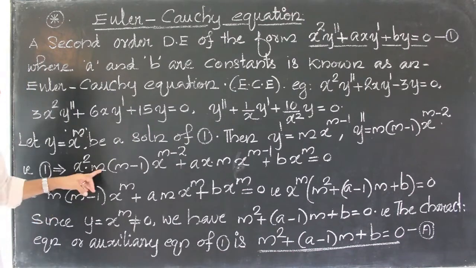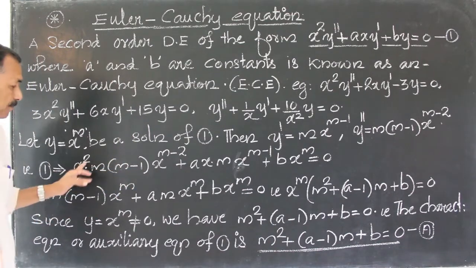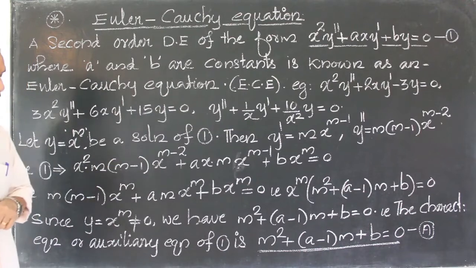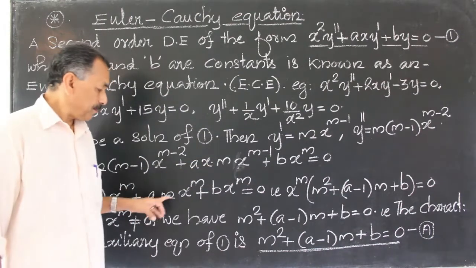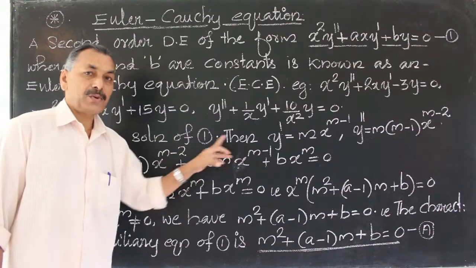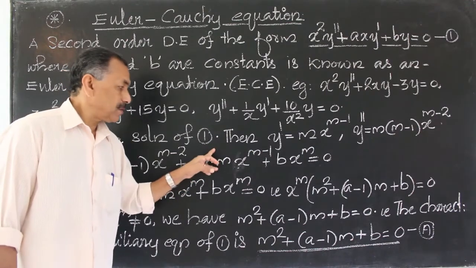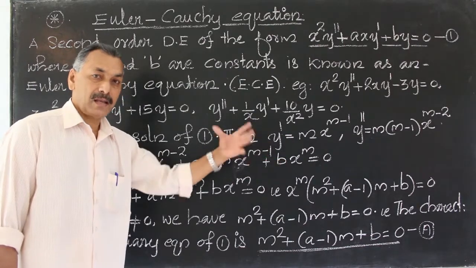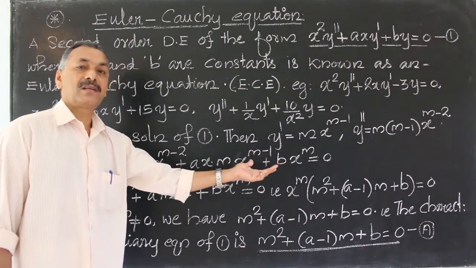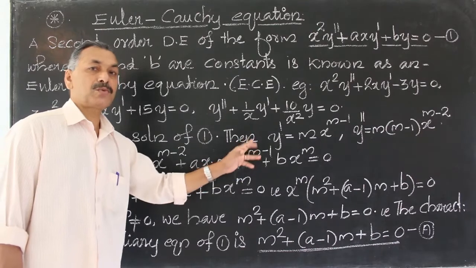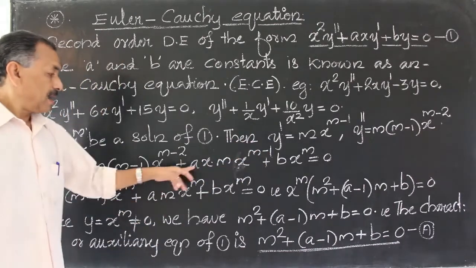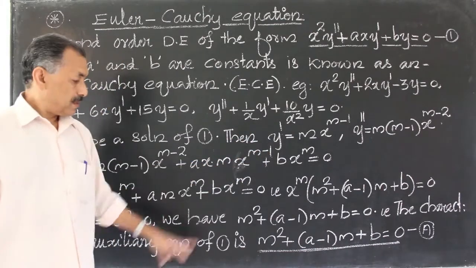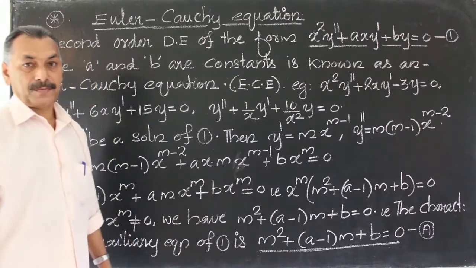That is m into m minus 1 times x raised to m, plus a m times x into x raised to m minus 1. Using the same law, m minus 1 plus 1 gives x raised to m. So a m x raised to m, plus b x raised to m, is equal to 0.